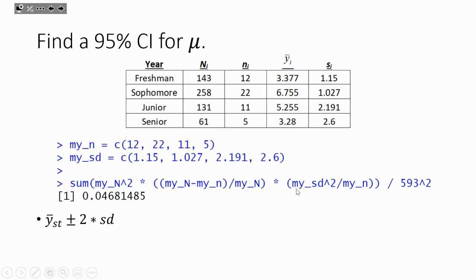And then times my SD squared, so the square of the standard deviation, so that's the variance within each stratum, divided by my little n. So we're computing that for each stratum, and then taking the sum across all the strata. And then dividing by 593 squared.